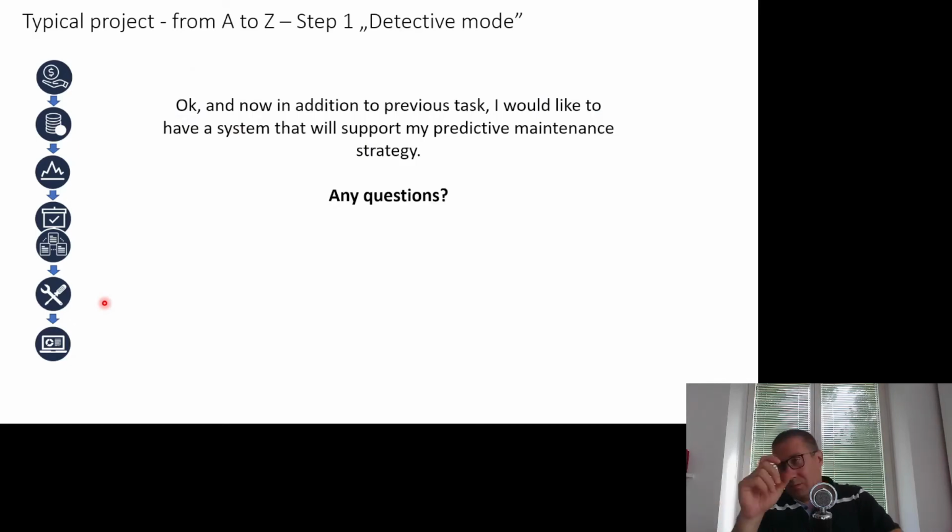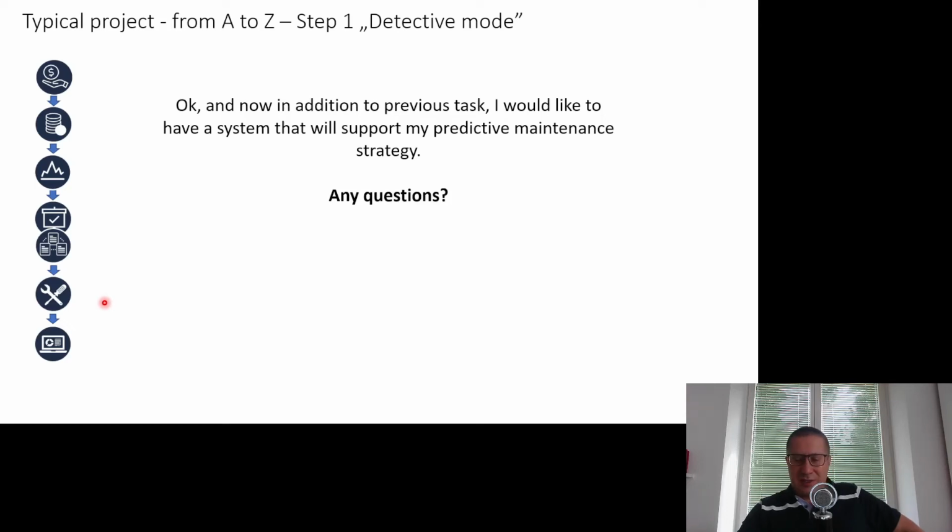Okay, so now let's switch the project for a while, or maybe let's stay with this task. But during the workshop, I, as the owner of the underground gas storage, also ask you to help optimize my maintenance strategy, because the maintenance costs are high.